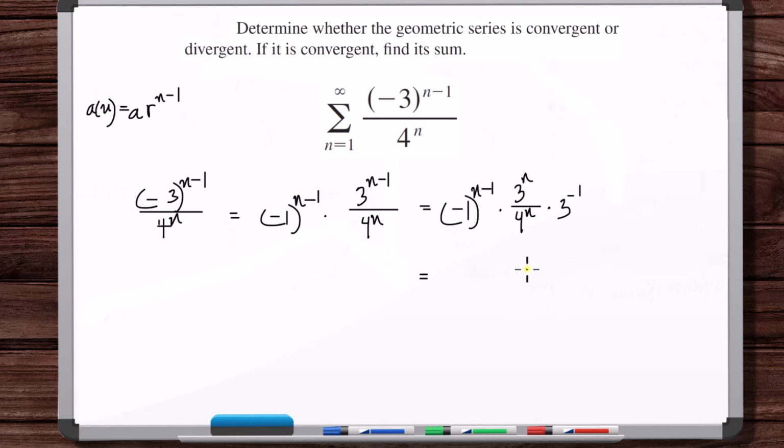So you've got minus 1 to the n minus 1 over 3 times... okay, so we can see the common ratio is going to be 3/4 or minus 3/4. Let's try and get this minus sign back in here.